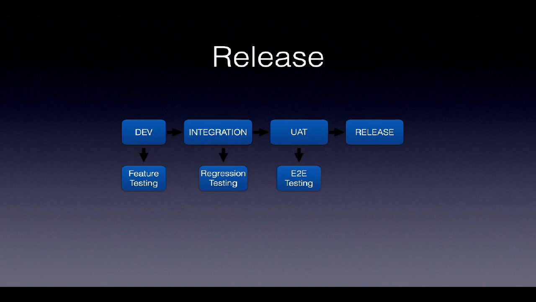So we just run end-to-end tests. Those tests are not as many as the regression testing, but we could cover most of the things that are important to us and we can proceed to production.